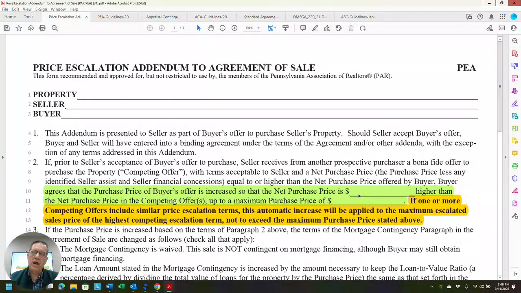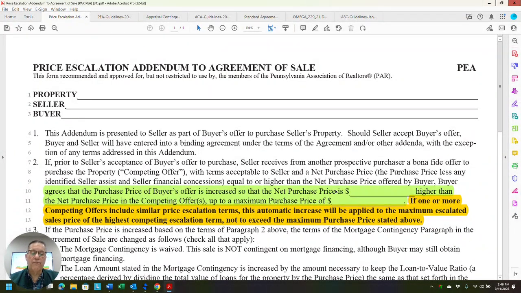And when you're comparing and doing an escalation against the other offers, you're supposed to be using the net purchase price. The net purchase price is defined as the purchase price minus any concessions the seller is giving the buyer, for example, seller's assist.